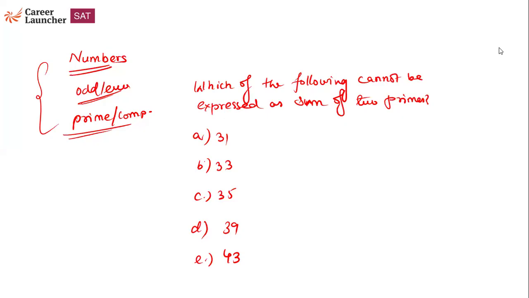See, first observation. All the options are odd, correct? I'm in search of two primes whose sum is odd in this case. That means one is definitely even and the other one is odd.